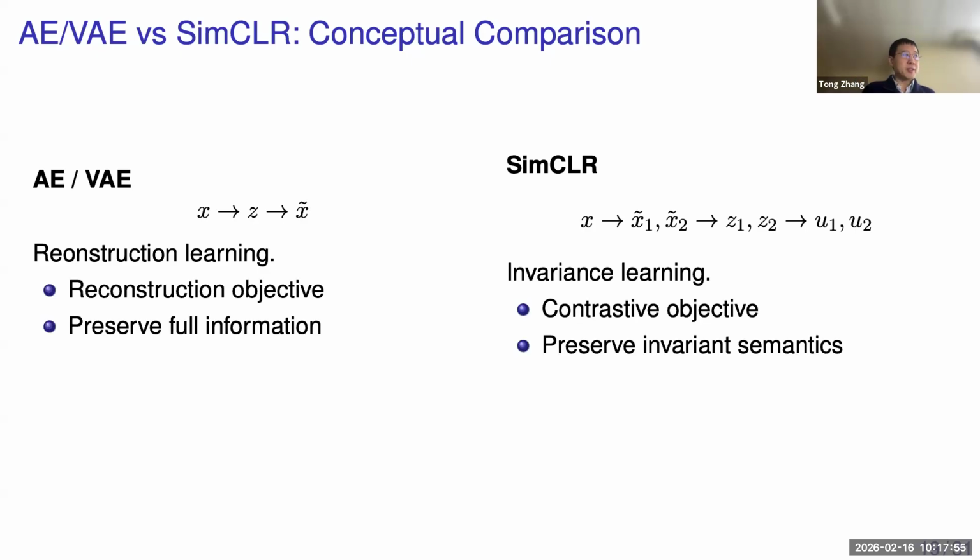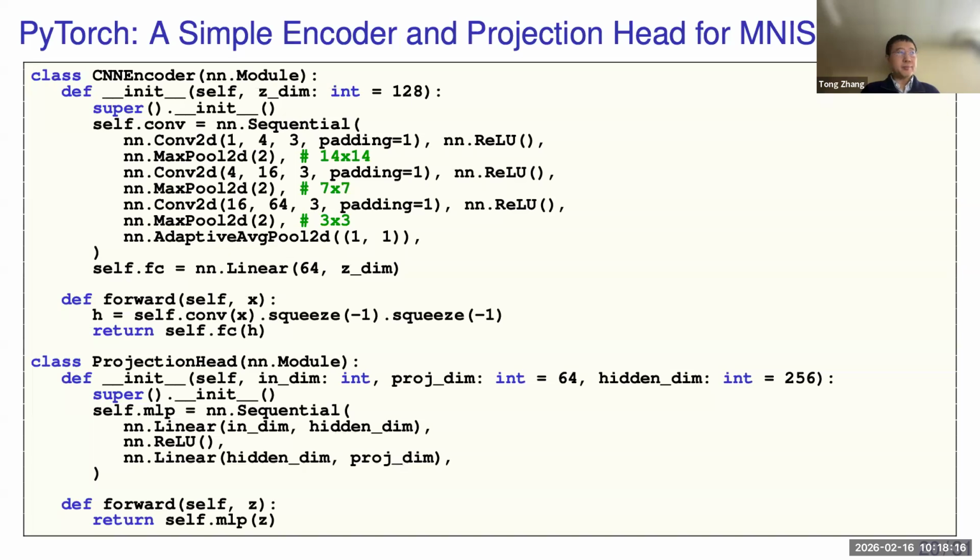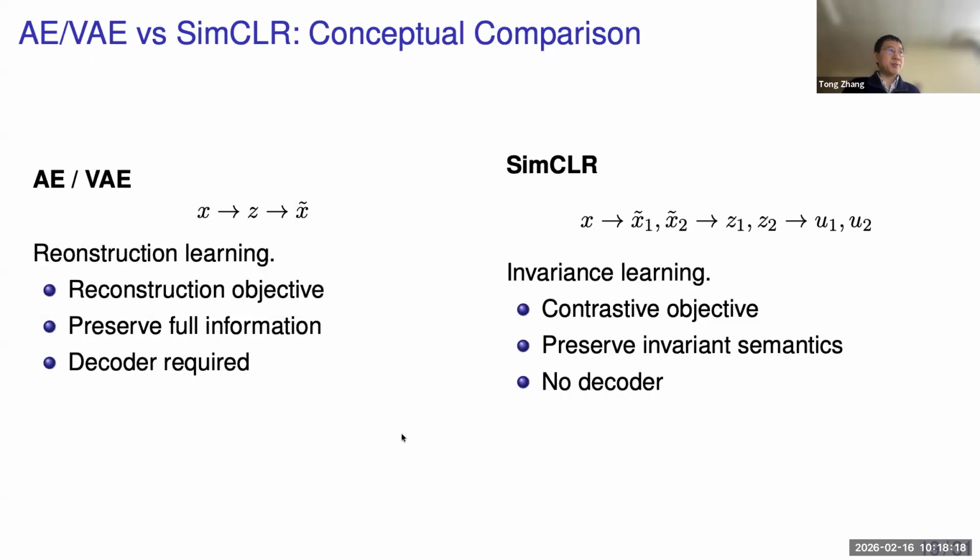Reconstruction preserves full information, while contrastive loss preserves the invariant. One argument for why invariance is not good enough is here: your representation probably has more than invariance, but when you compute the loss in U, it's fully invariant semantics. Reconstruction requires a decoder.